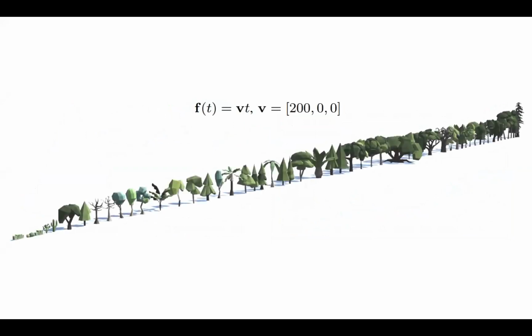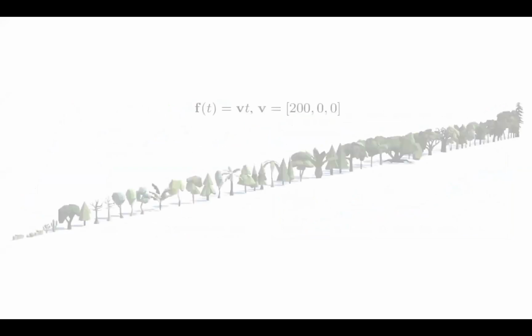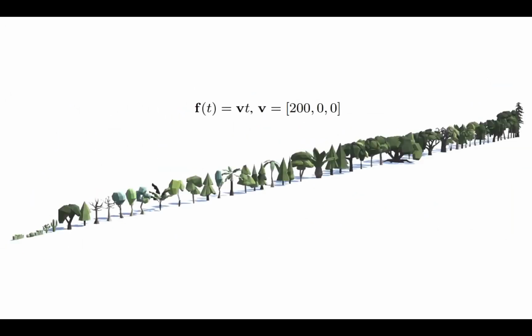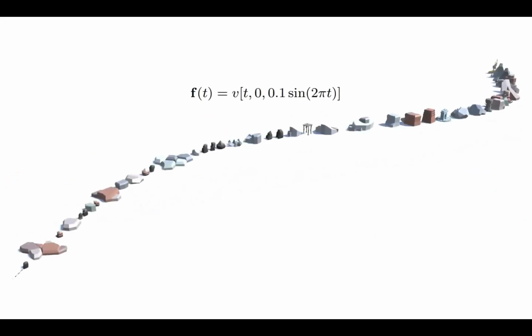This is the first experiment result, where we generated the animation for a linear function. All of these models are tree models. The second one is the sine function, and these models are placed along the sine function.